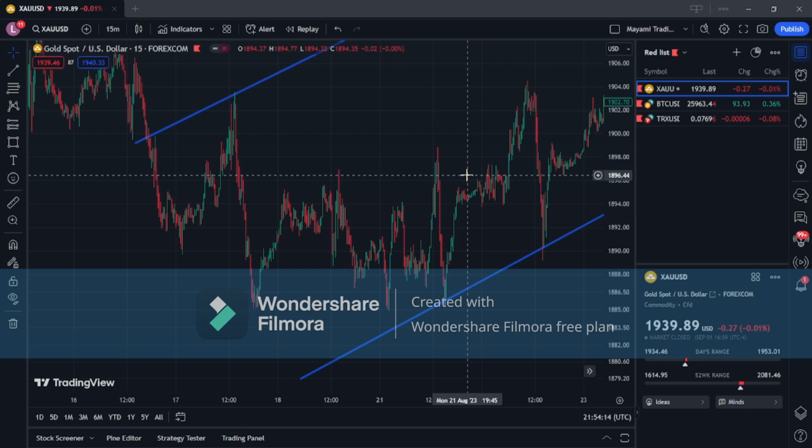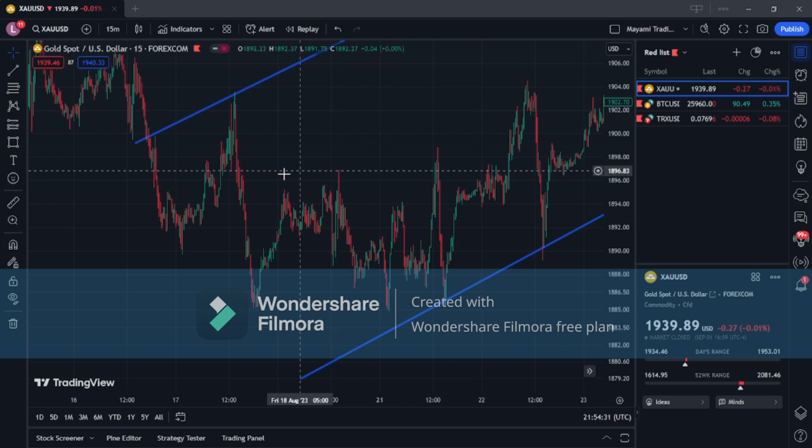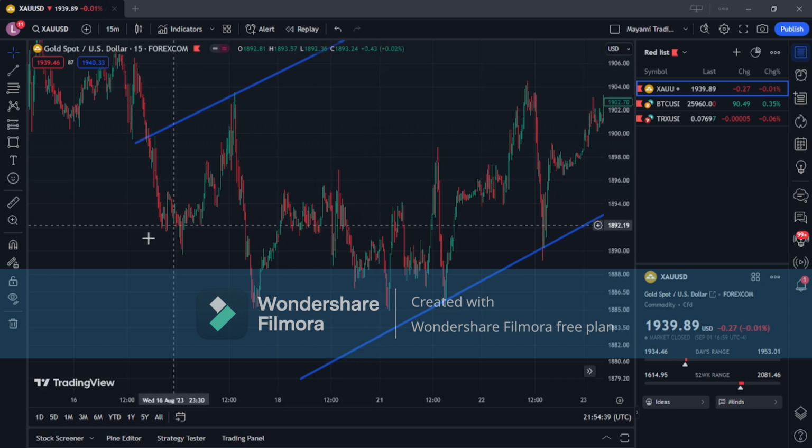From this point right here, there have been a series of retests, and the same thing, a struggle retest in this area as well. You can see that, so we're just going to work with that.